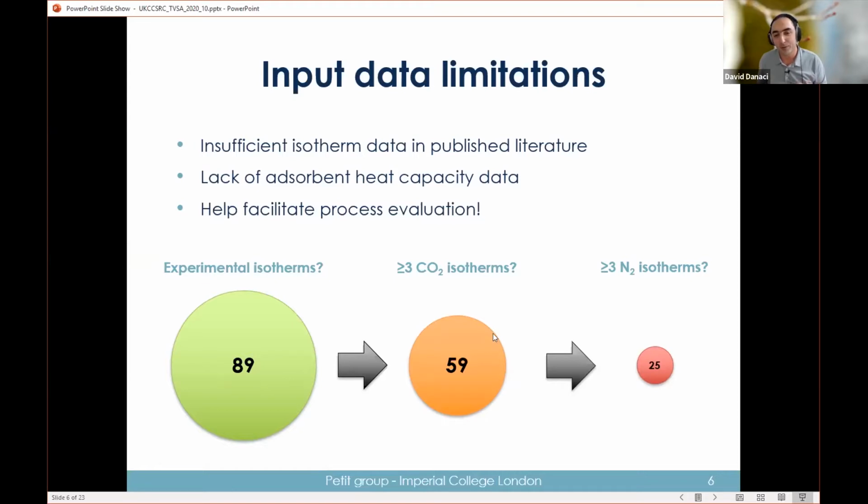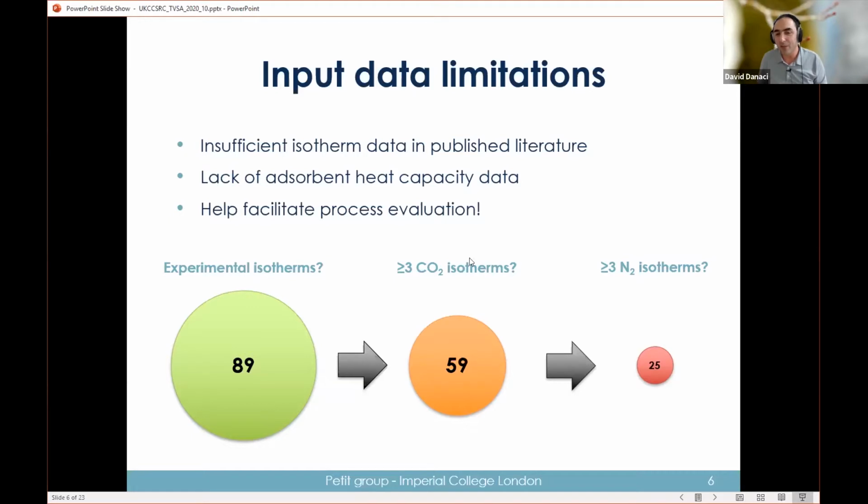Then we had to whittle that down to 59, where more than 3 CO2 isotherms were reported. So we need isotherms at 3 temperatures because we need to account for the temperature effects of both the TSA and also the PSA or regular aspects of the adiabatic steps of the model as well. Then that 59 became 25 once we also wanted 3 nitrogen isotherms.